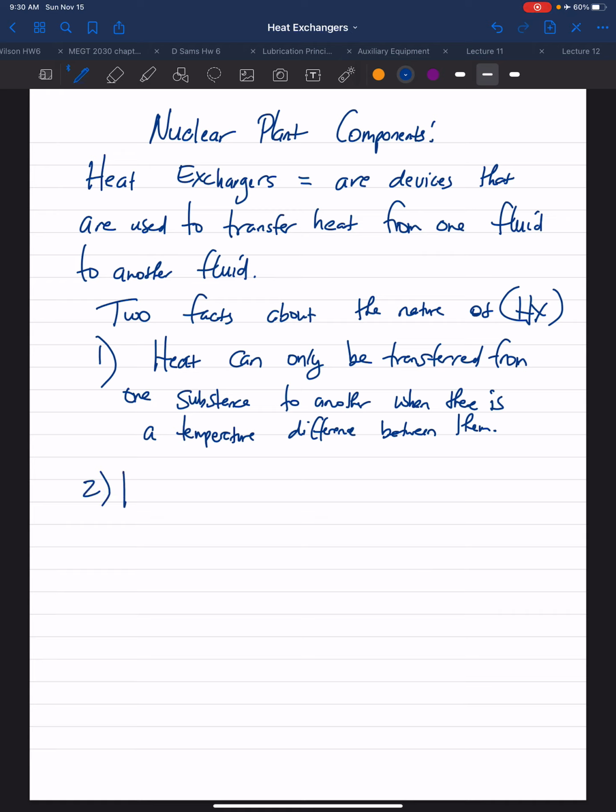Secondly, heat is always transferred from the higher temperature substance to the lower temperature substance.